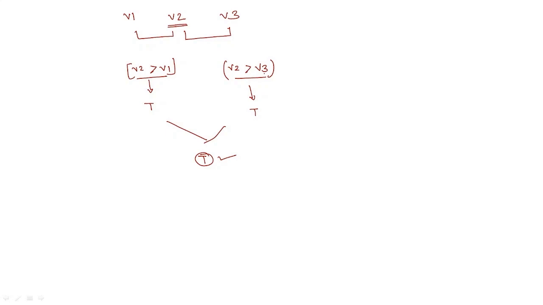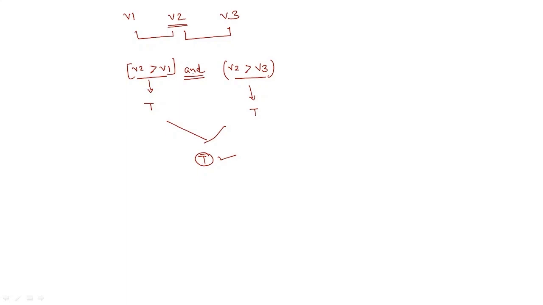Now to combine these two comparison results, which operator will we apply here? As in the normal sentence I was speaking, I said that if v2 is greater than v1 and v2 is greater than v3, then v2 is greatest. So what did I use in between? And. So here the AND operator will be applied, because this is the operator with the condition that if both the values are true, then only the final result will be true.